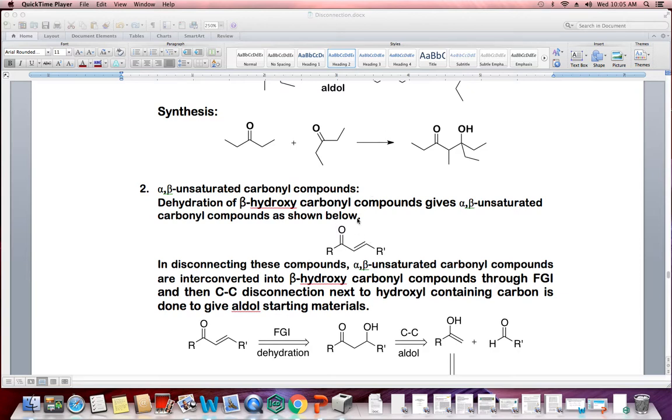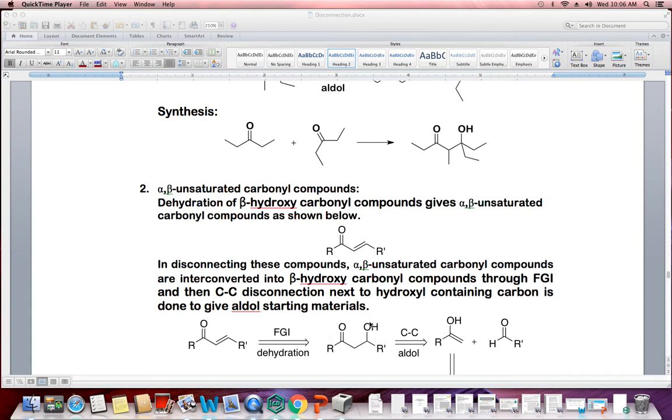So in this case, if we have alpha beta unsaturated carbonyl compounds, alpha beta unsaturated aldehydes or alpha beta unsaturated ketones, we have to do functional group interconversion. We have to convert the alpha beta unsaturated carbonyl compound into a beta hydroxy carbonyl compound. This is simple dehydration through functional group interconversion.